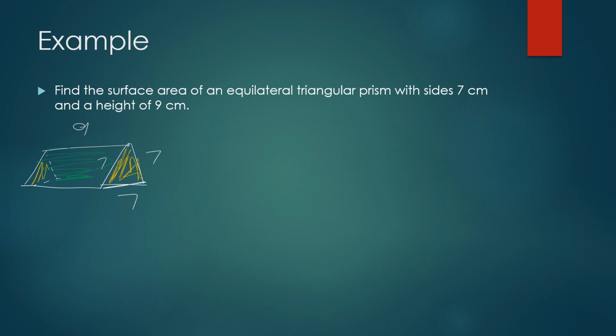Now, there are 3 of these rectangles in green, and there are 2 of the triangles in yellow. So the surface area, by definition, is going to be 2 of the areas of the triangles, plus 3 of the area of the rectangle.